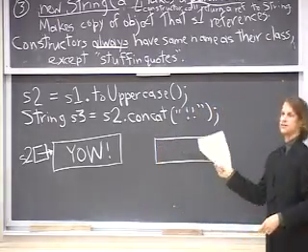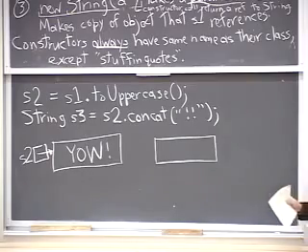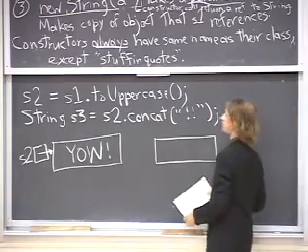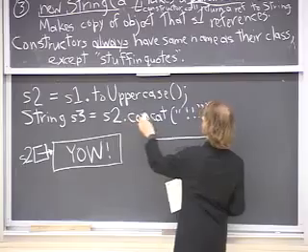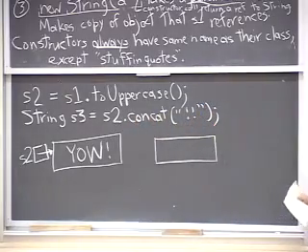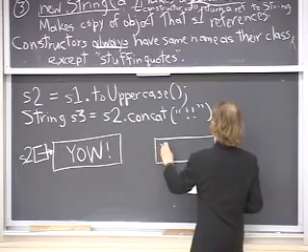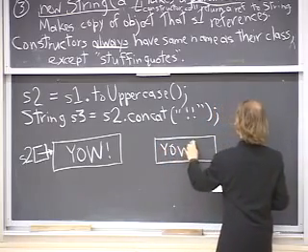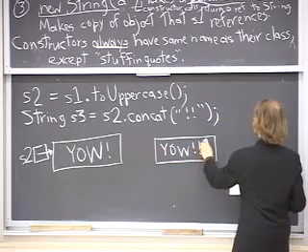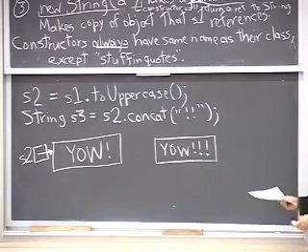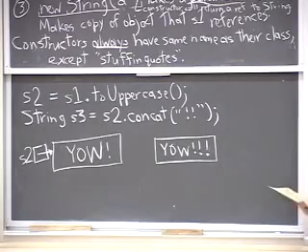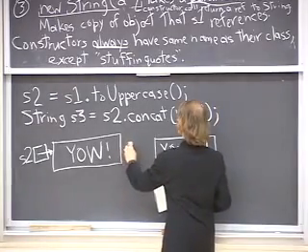Concat calls a constructor that creates a new string and returns that new string, and that new string is the concatenation of S2 with another string that's passed in as a parameter. And so now you get the original S2 string with two additional exclamation marks concatenated on, and that gets assigned to S3.